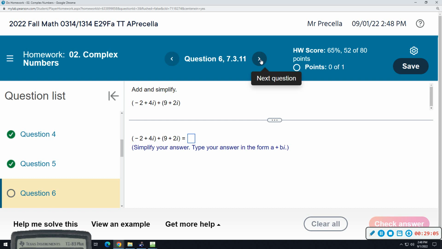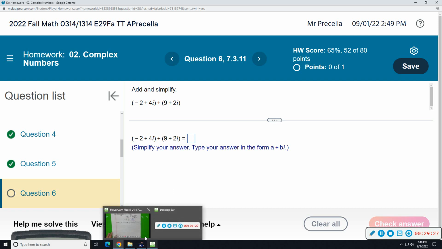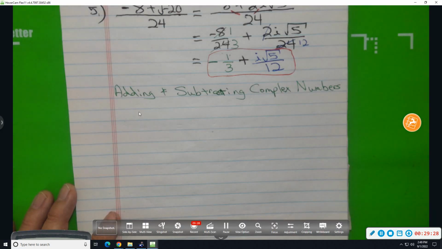Future physicists and electrical engineers will see a lot of nice applications in magnetic field theory. We're not going to do that much with them, and the applications are way beyond the scope of this course. To add complex numbers, we're just going to combine like terms. We're adding and subtracting complex numbers.